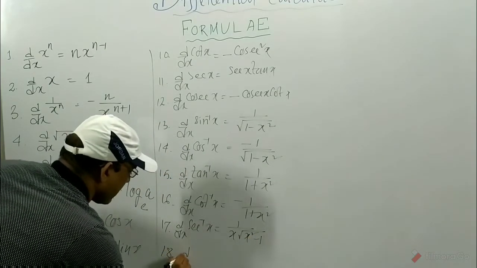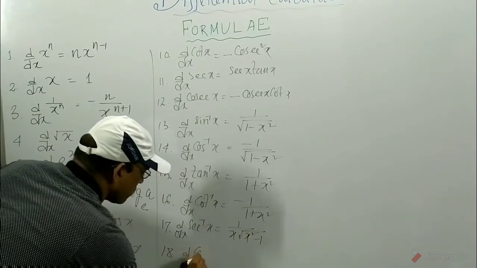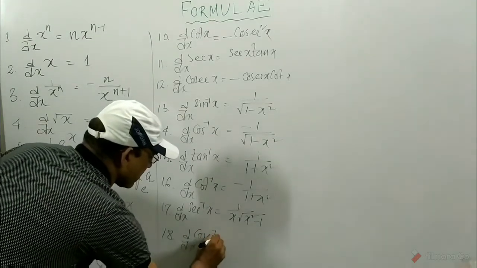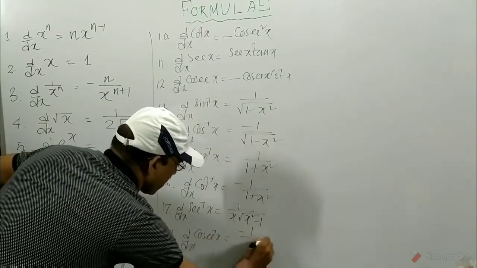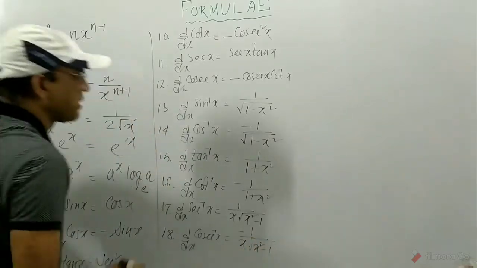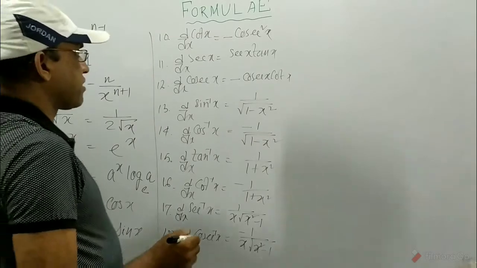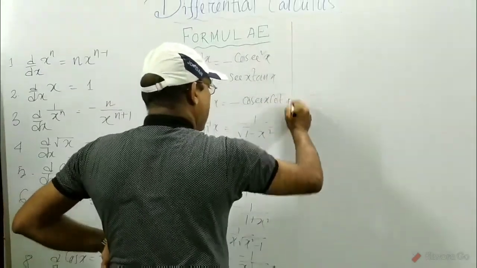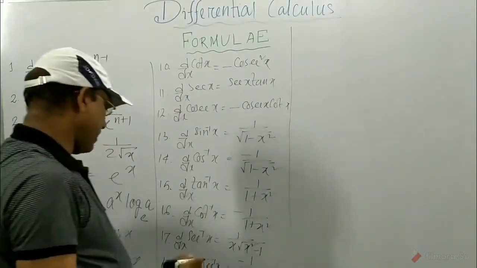Number 18, d/dx of cosec inverse x equals minus 1 by x root over x square minus 1. So these are the formulae up to 18 written.